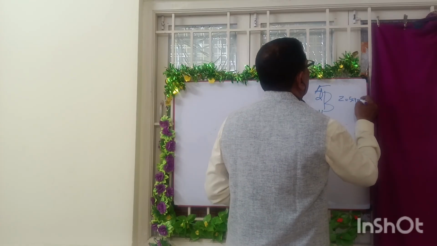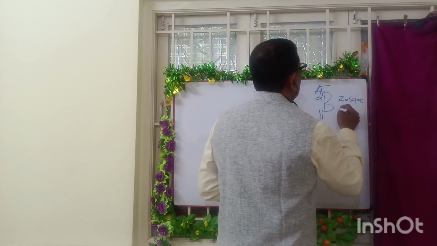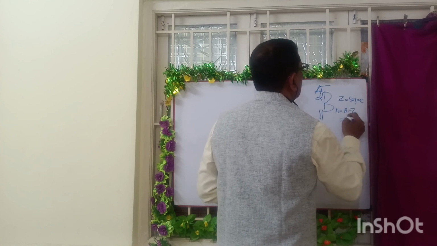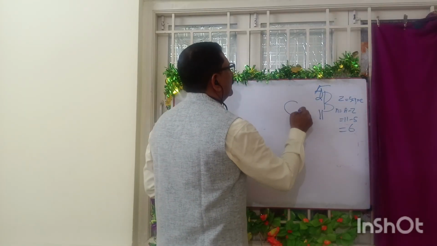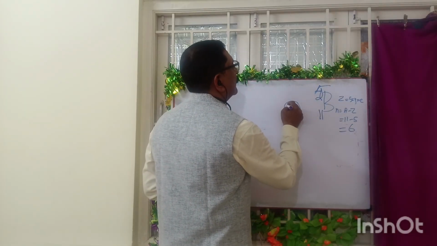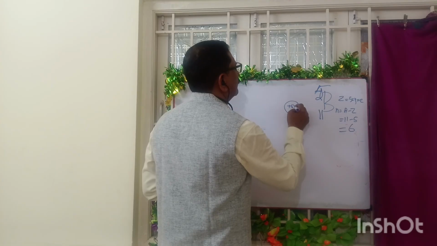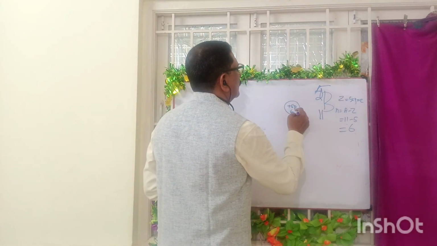That many protons and that many electrons. Then neutron is equal to A minus Z, that is 11 minus 5, which is 6. So you draw inside the nucleus plus 5 protons and 6 neutrons.